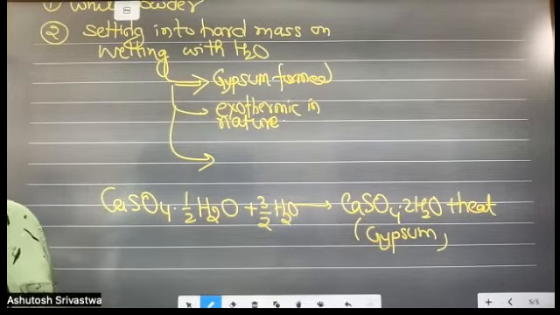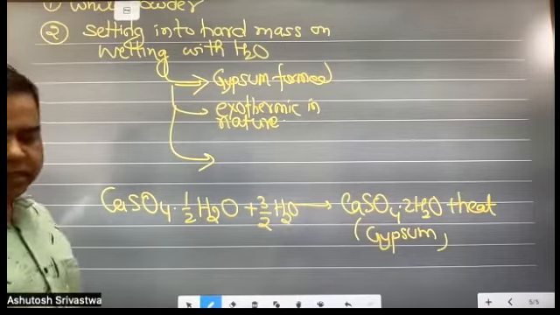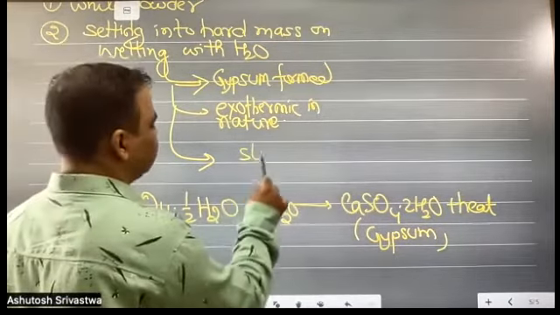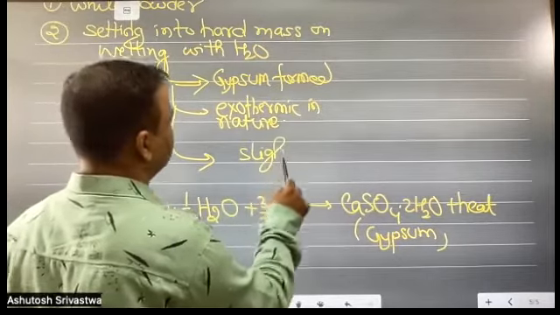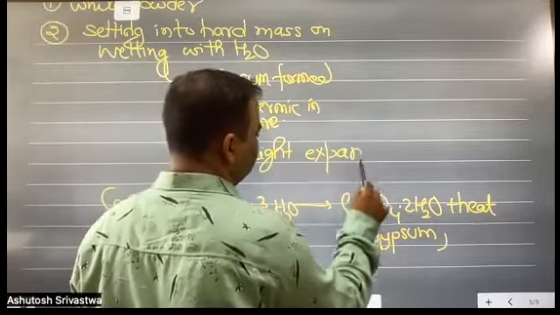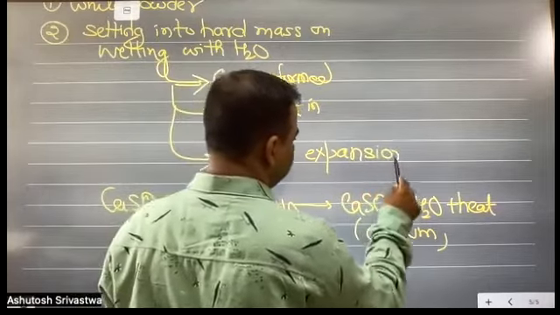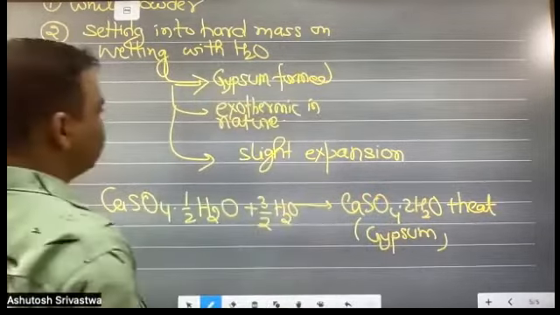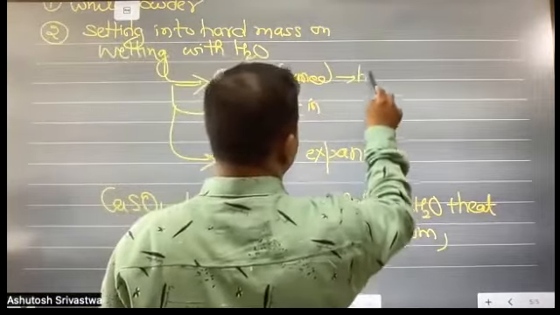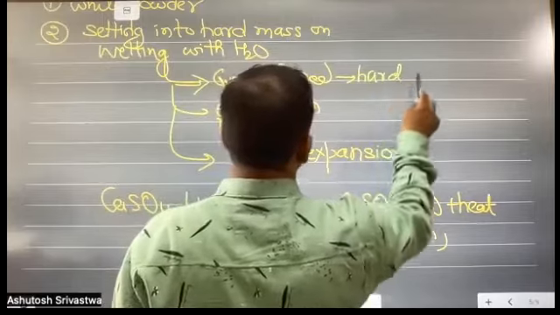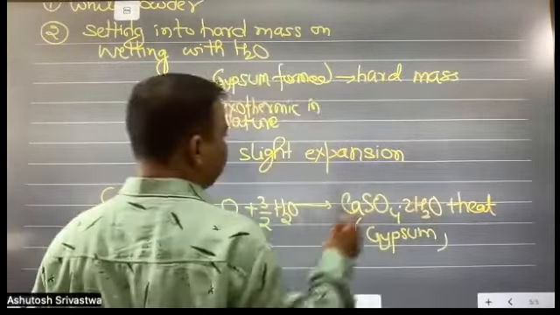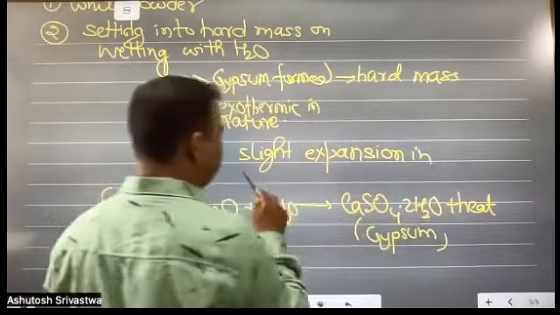Okay, next point. On setting, slight expansion in volume. So what are the characteristics that we will associate when POP sets? First, gypsum is formed, so this is going to form hard mass, number one. Second, it is exothermic, so we will get heat. Third, slight expansion in volume, so its volume is going to increase.